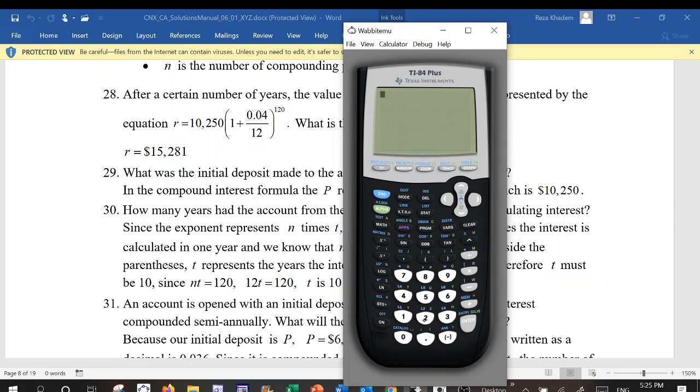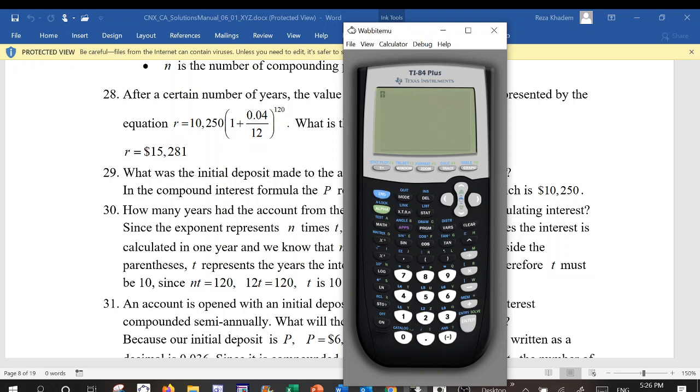Let me do it again. So 0.04 divided by 12. And then we add 1, point something. So we are inside the parentheses now. We have to raise it to 120. So raise to the power of 120. We get that number, and then we have to multiply this number by 1050. So multiply by 1050. There. I put something else.